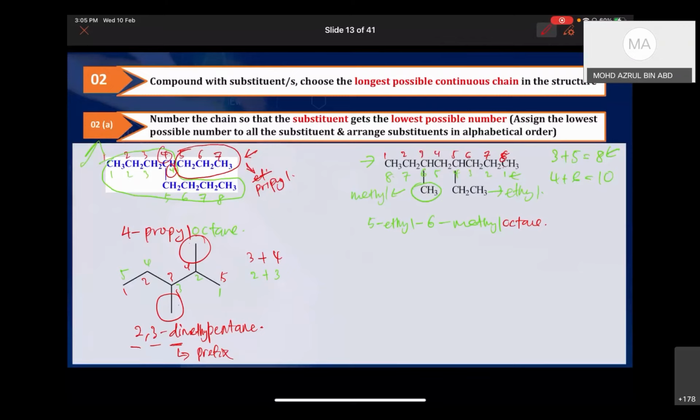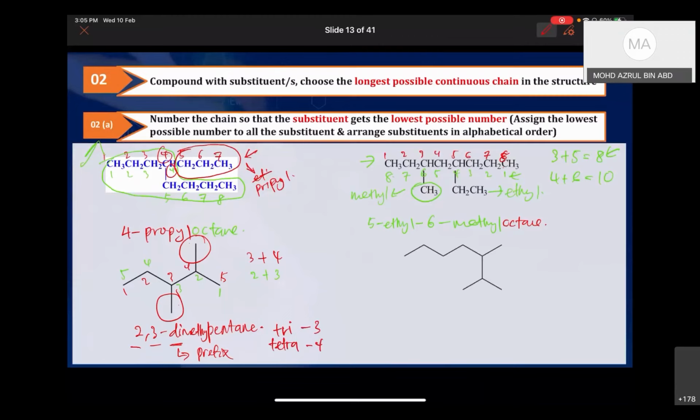It means there are 2 methyl substituent. If there are 3 similar substituent, you need to put tri-methyl. Tri. If there are 4, we can name it as tetra. Okay, di, tri, tetra. This one is 3, this one is 4 similar substituent.